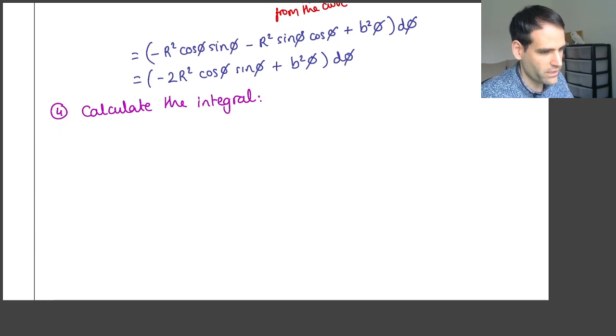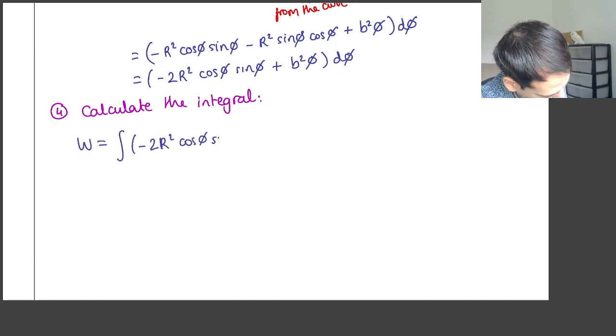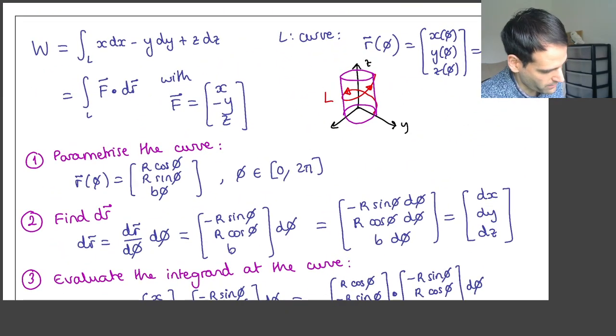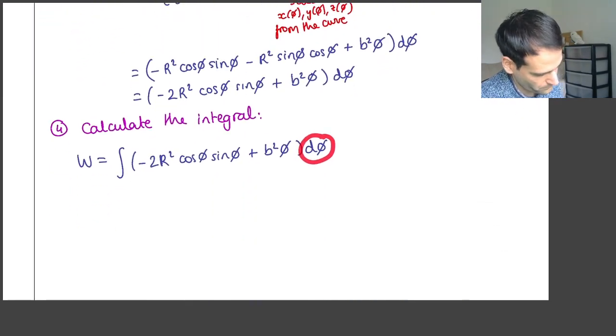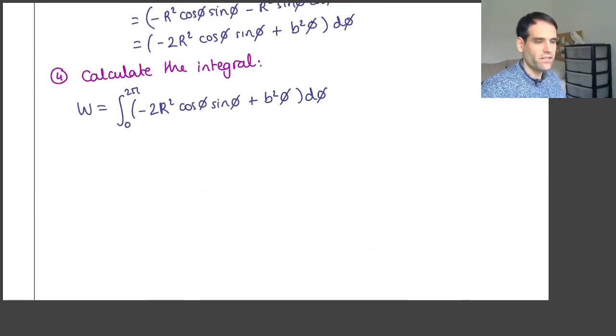So we can do the calculation of the integral of this. So we are integrating over our parameter phi, and the limits of our parameter phi are from 0 to 2 pi. So we have to perform this single integral.